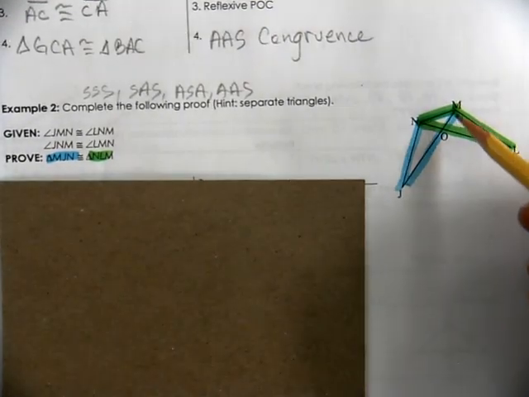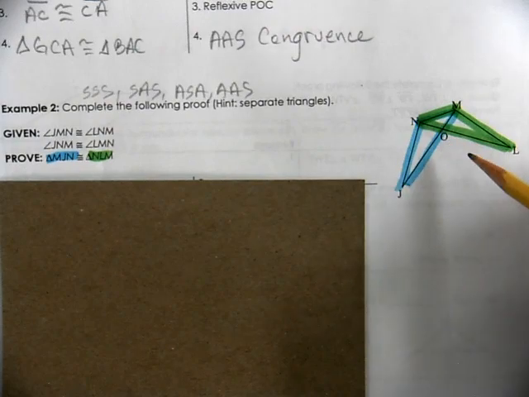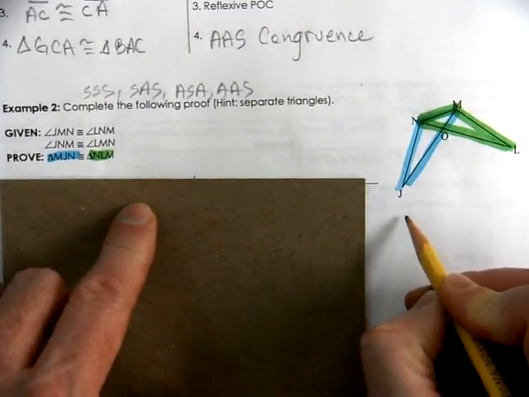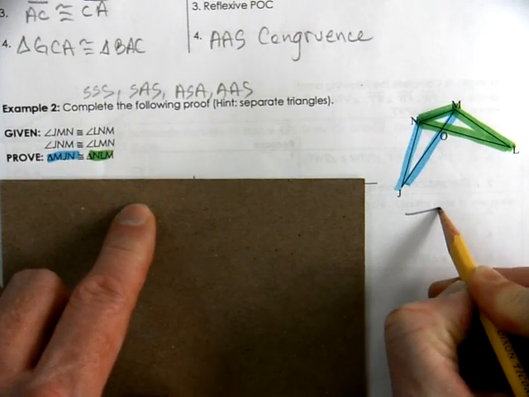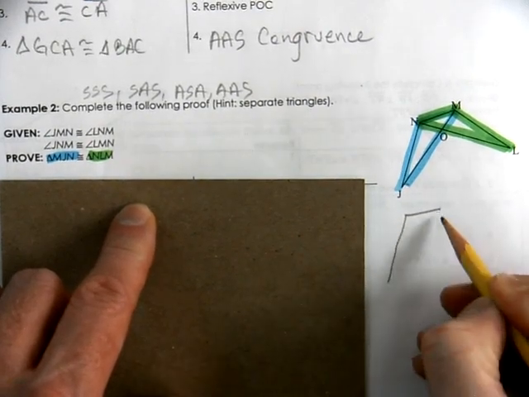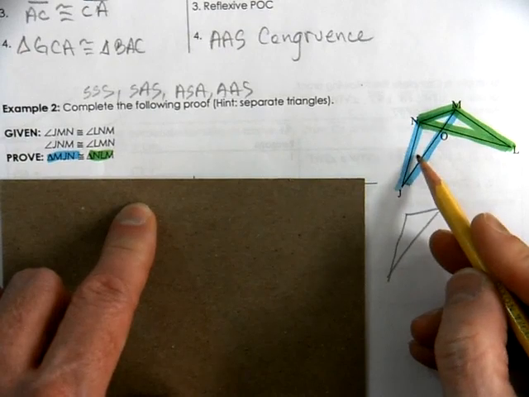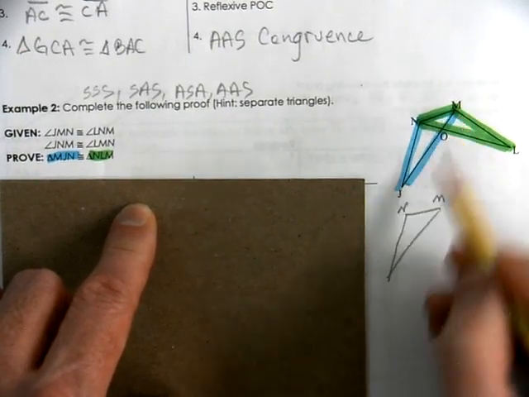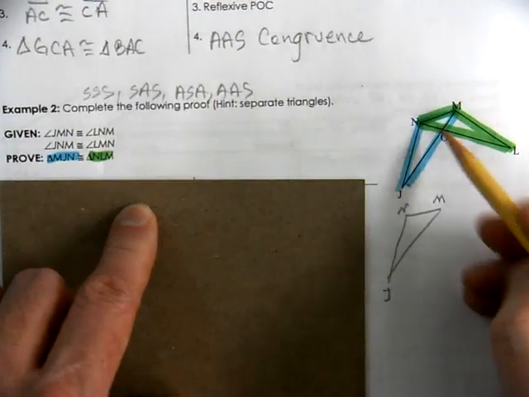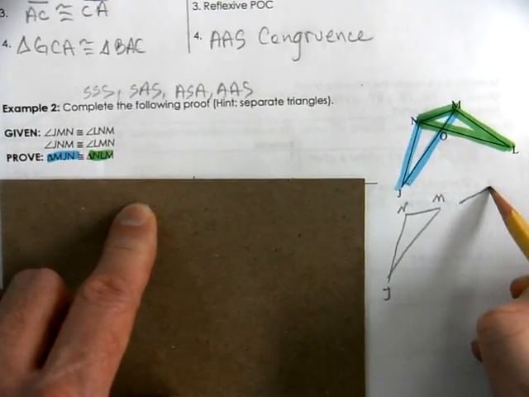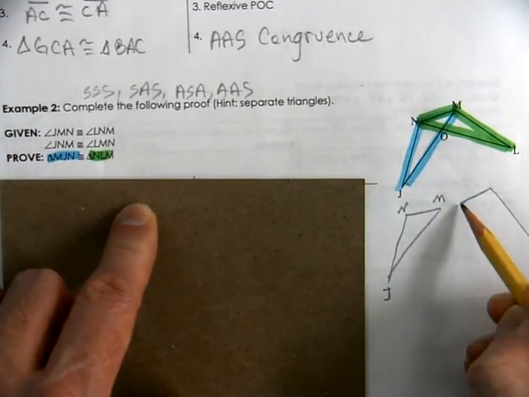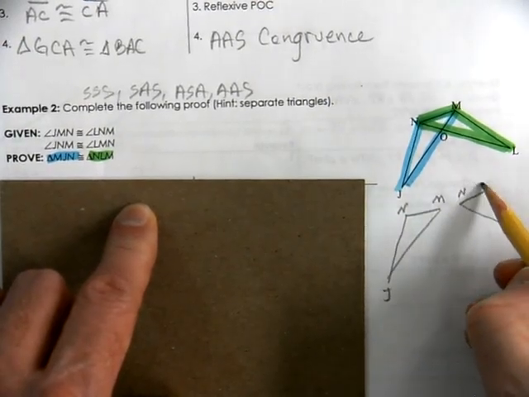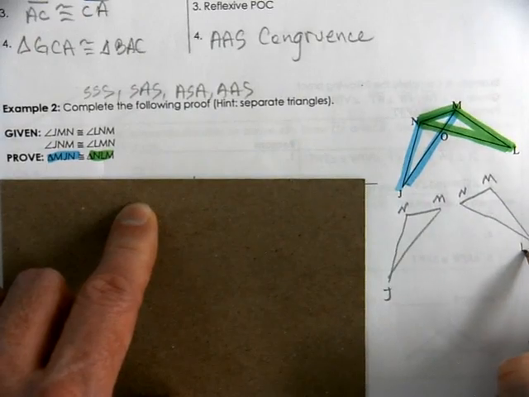So when we start to draw tick marks in there, it gets a little confusing when you're crossing lines, talking about things. So I would suggest to draw the triangle separately. That's the blue one with an N, with an M, and a J. And then I'm going to have the green one with an N and an M and an L.